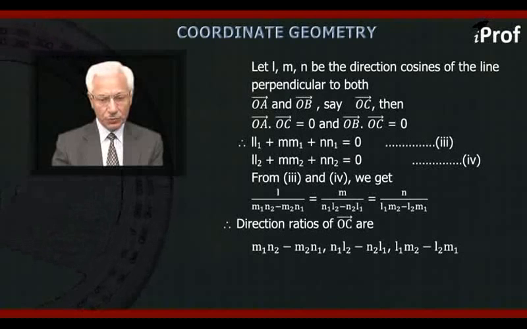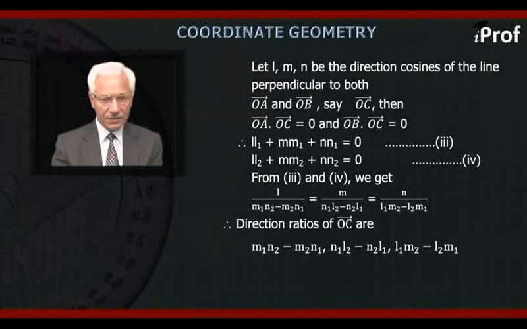Now from the two we can get the values of l, m, n proportional to these using the cross multiplication method. We get l/(m1n2 − m2n1) = m/(n1l2 − n2l1) = n/(l1m2 − l2m1).